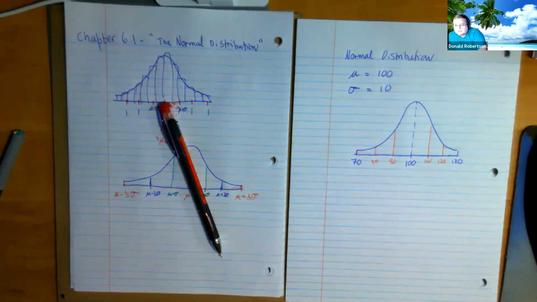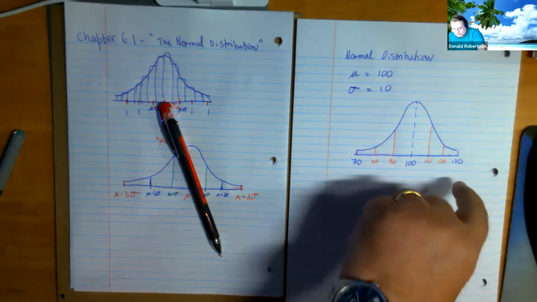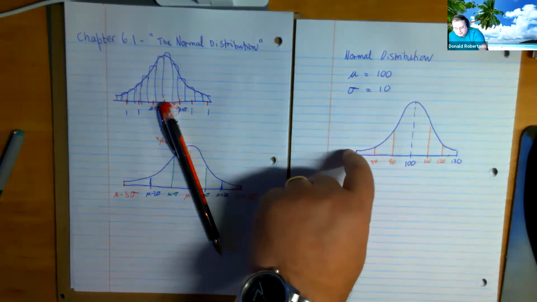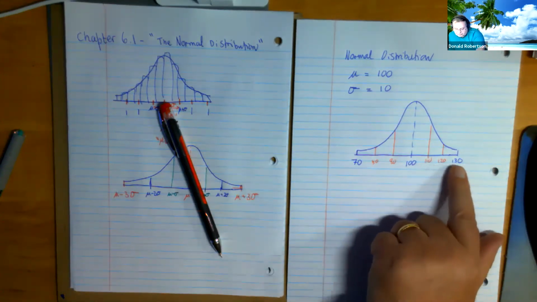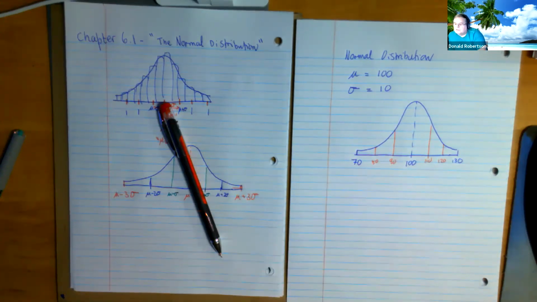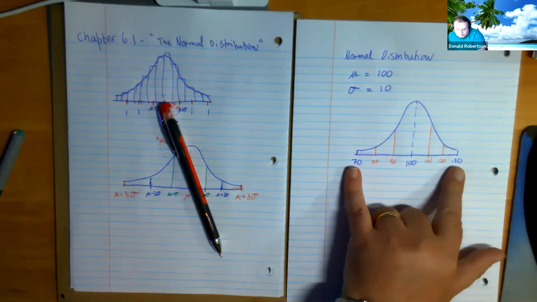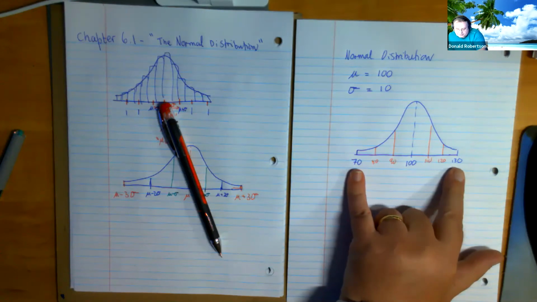So if you collected, oh, I don't know, a million people and you gave them an IQ test and you made a big histogram of it, this is what the histogram would look like. And not only that, can you see that there's a good feeling about the range of where the numbers start and finish? The vast majority of people have an IQ between 70 and 130, right? 3 standard deviations away from the mean.